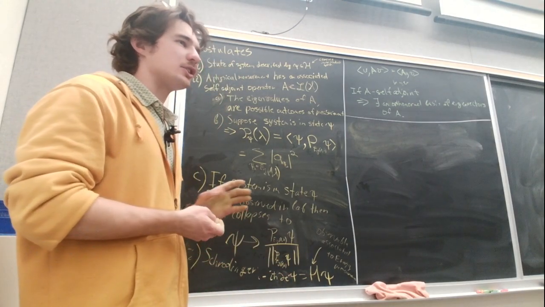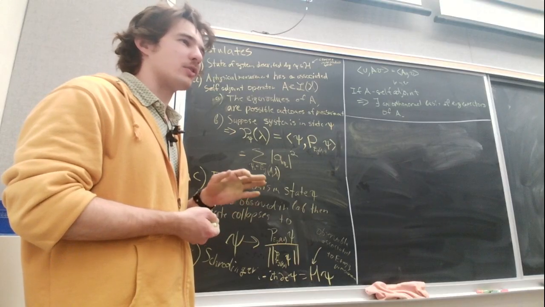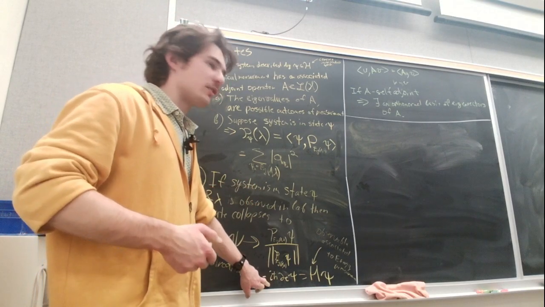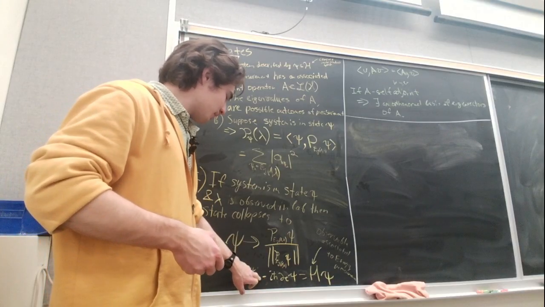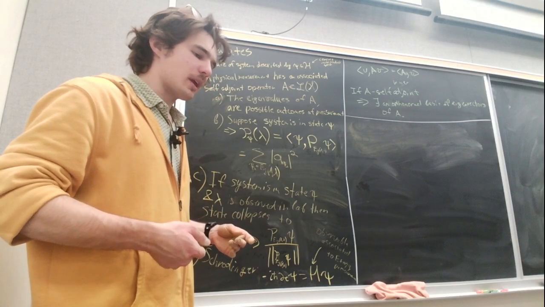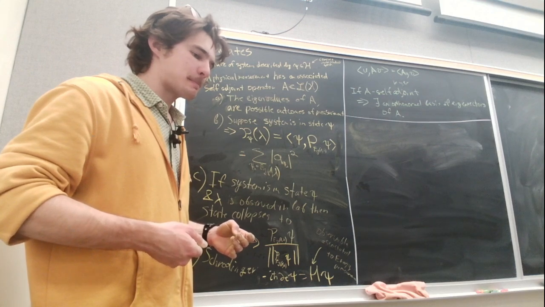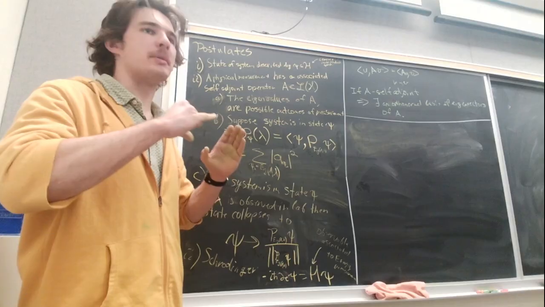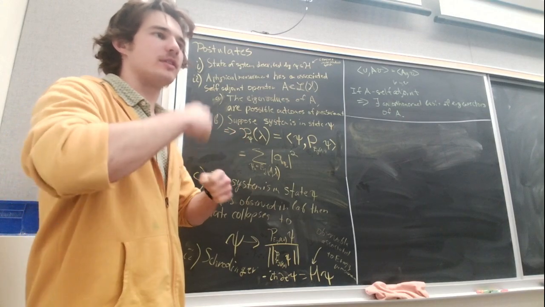From the discussion on the one day where I talked about random things, you now know why there's a factor of i in there. The factor of i comes from the fact that you want to conserve probability as you evolve in time.